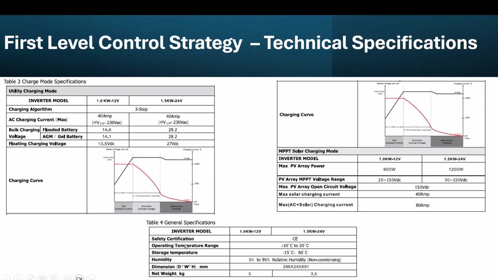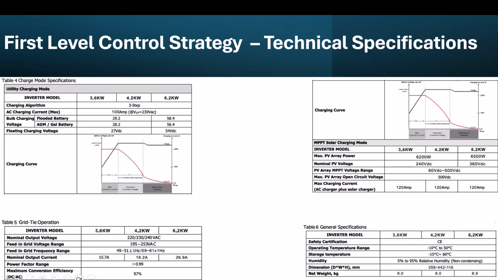As we can see here, we have the technical specification for a 12 volts battery, 1 kilowatt hybrid inverter, and a 24 volts battery, 1.5 kilowatt hybrid inverter. So immediately you are able to see that this inverter is 12 volts for the 1K, or 24 volts for the 1.5 kilowatt.